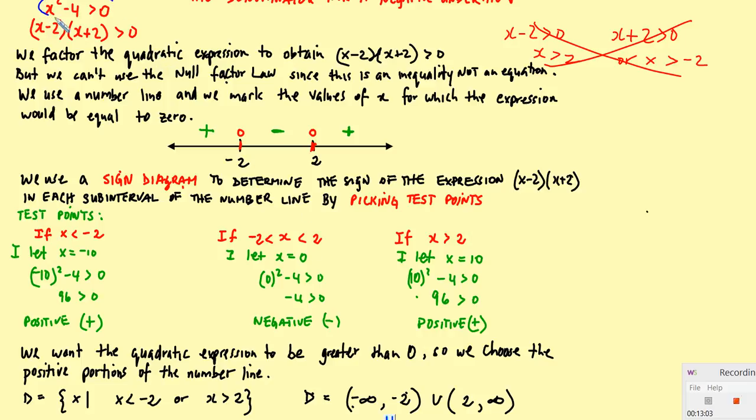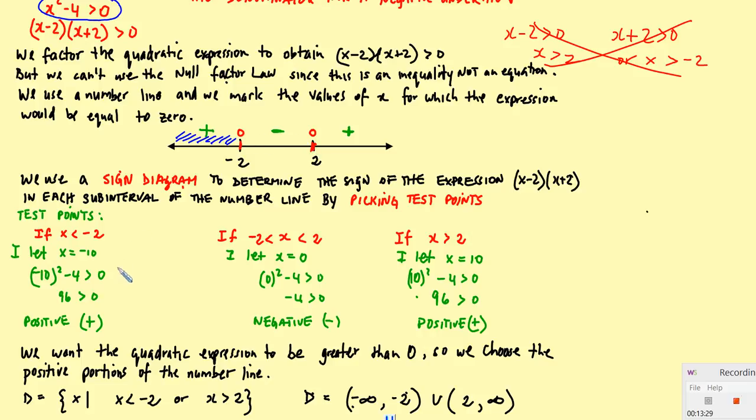So the test point chosen was x equals negative 10, and we're looking at the graph from the left-hand side to see what's happening when I've got values less than negative 2.